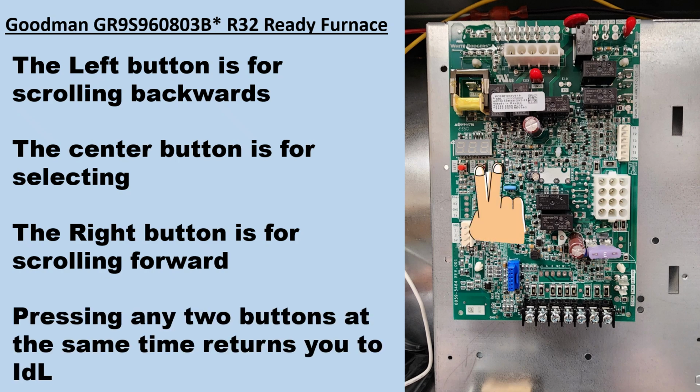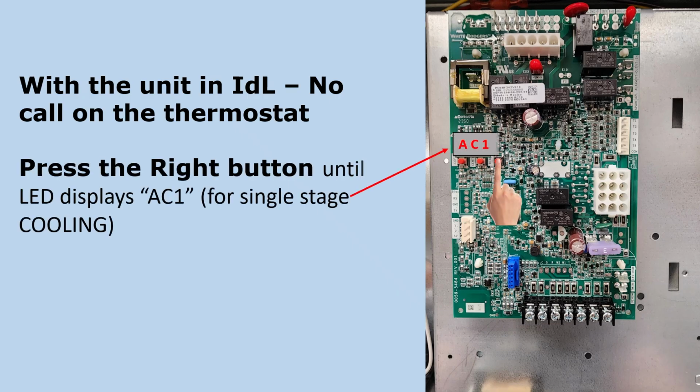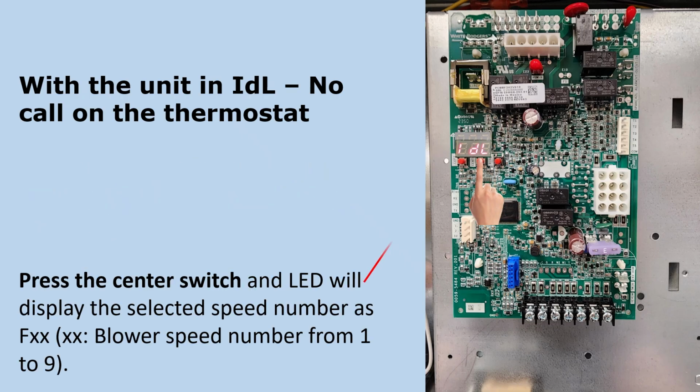Pressing any two buttons at the same time returns you to IDL, idle, which means there's no call on the unit. So with the unit in IDL, no call on the thermostat, press the right button until the LED displays AC1 for single stage cooling.